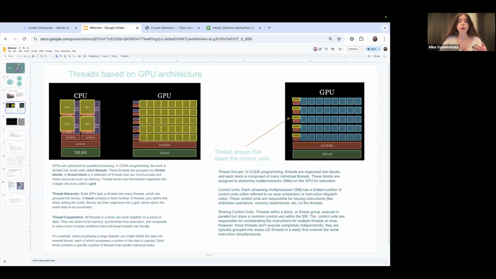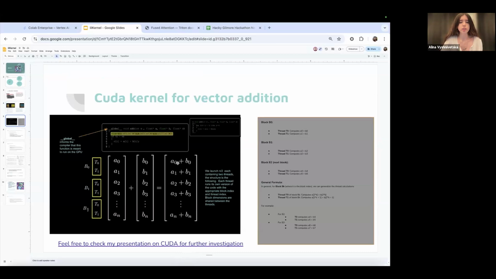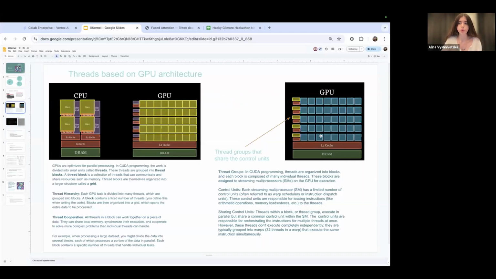But the idea I wanted to highlight anyway is the architecture of our GPU, and to understand why the main idea of kernels is using threads and using blocks. This way it's intuitively a bit similar to chunking, but it comes from GPU architecture.